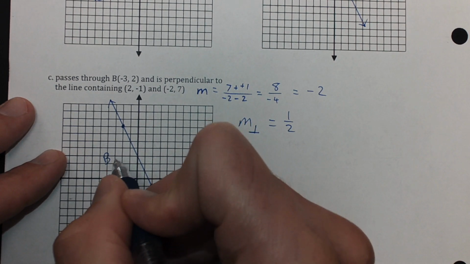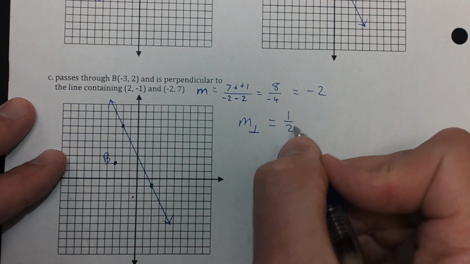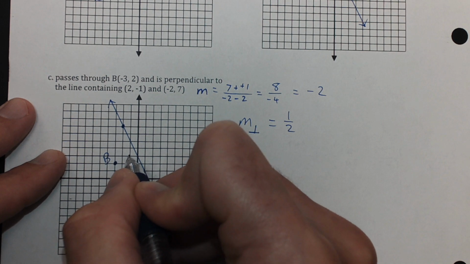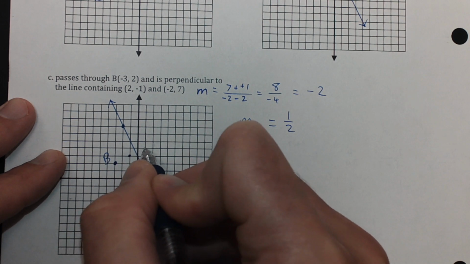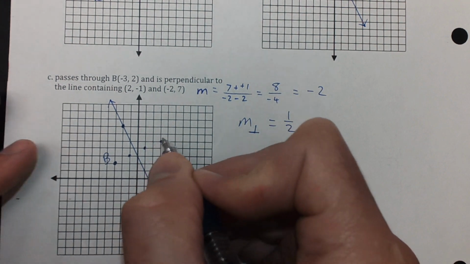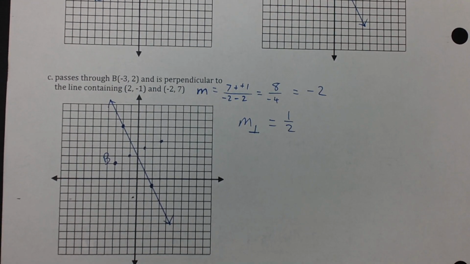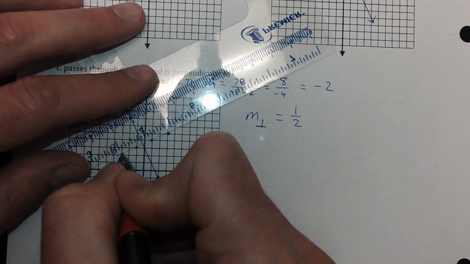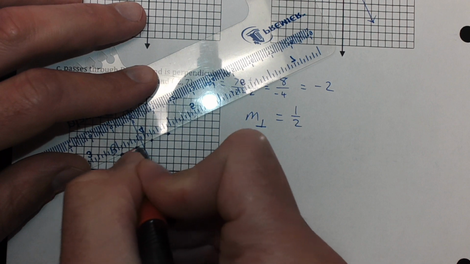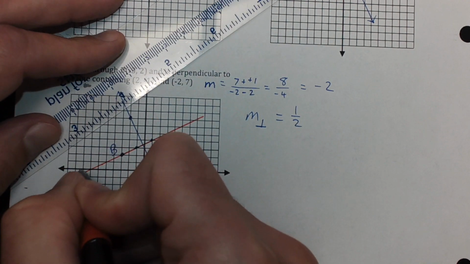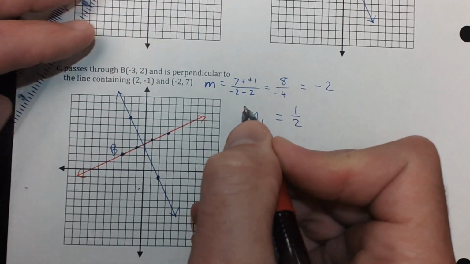So it's going to go rise over run of 1 over 2. So that's rise 1, run 2. Rise 1, run 2. I can do it one more time. Rise 1, run 2. And I'll draw this one with red pen so it's a little more clear that I have these 2 different lines.